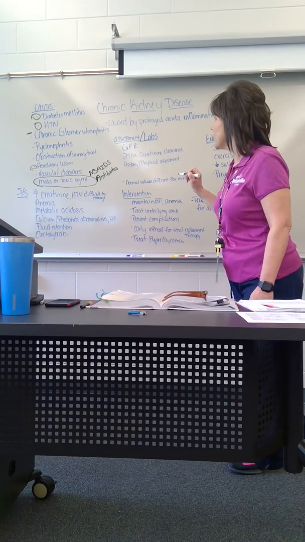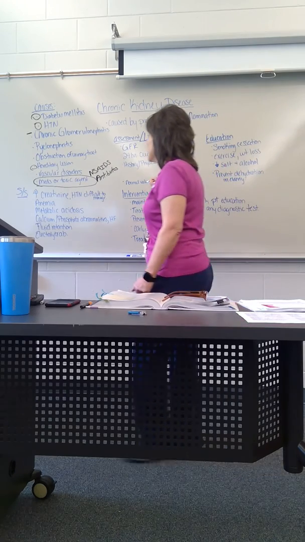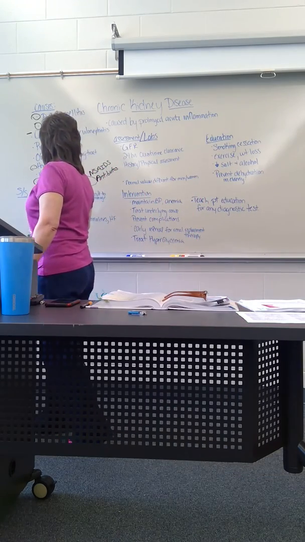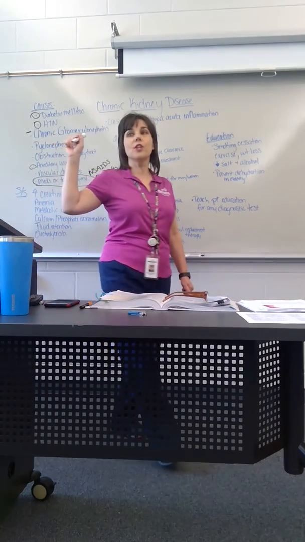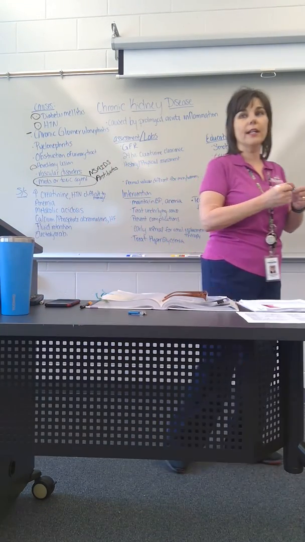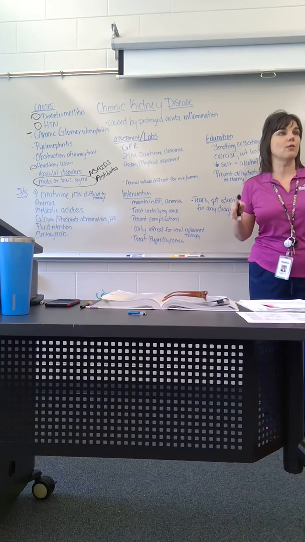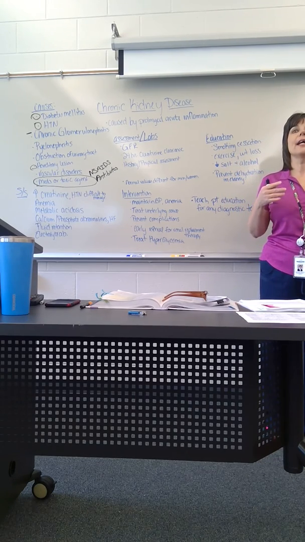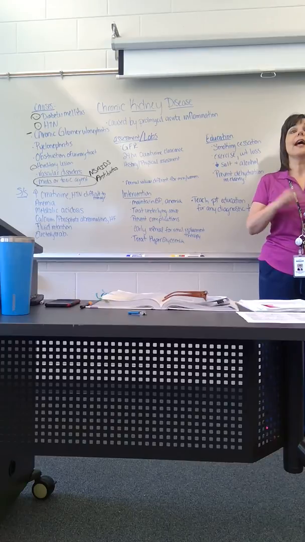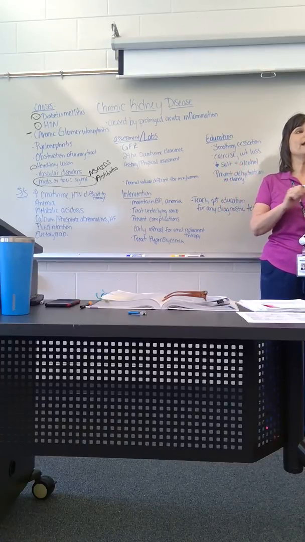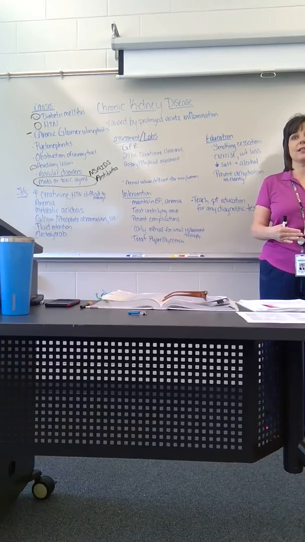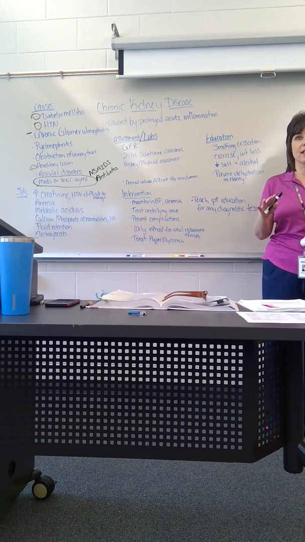So, signs and symptoms. Usually if patients have chronic kidney disorder, most of the time they've known it for a long time, and hopefully they're managing it and keeping the progression at bay. But where we get into problems is trying to manage the manifestations of the disease.